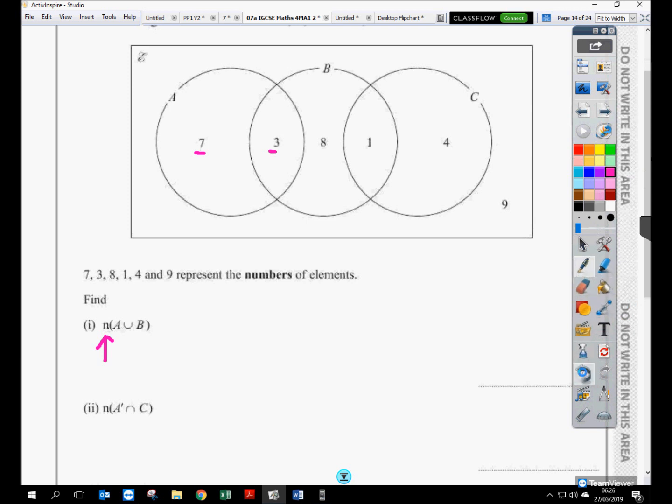What I'll do first of all is shade A union B. The union between A and B is this section here. It's all of the A circle and all of the B circle. If we add the 4 numbers inside this section, 7, add 3, add 8, add 1, we end up with 19.